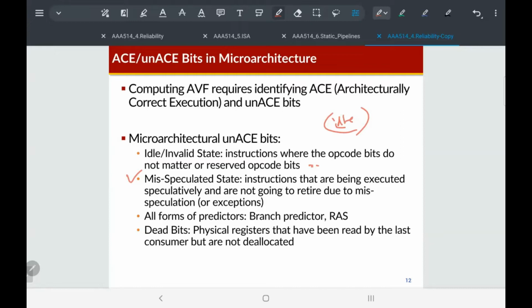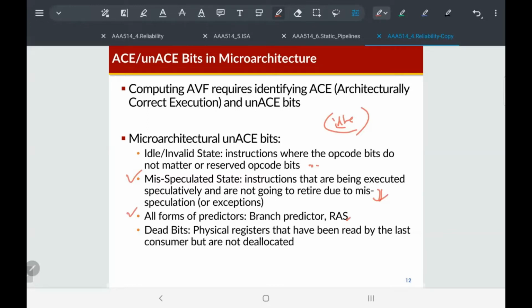It's just a prediction. So even though the prediction is not successful, it's not harmful for the output result. Even though the speculation is influenced by some errors, this is not harmful. It's also true for predictors like branch predictors or return address stacks. Even though these predictions are not correct, it's not harmful.